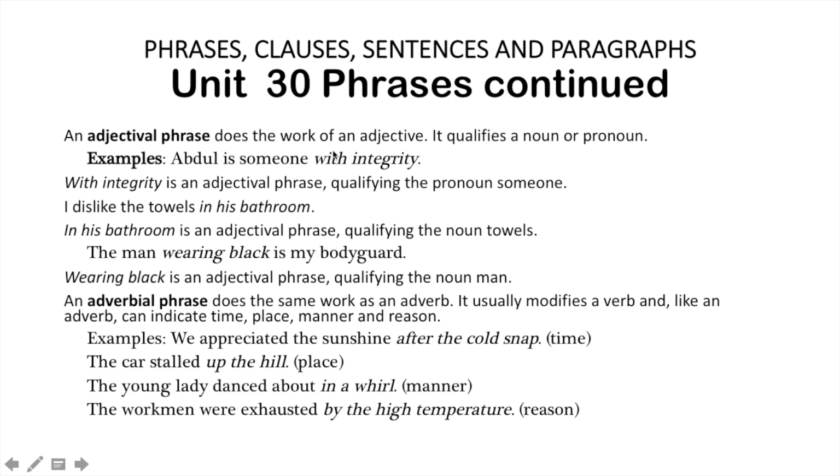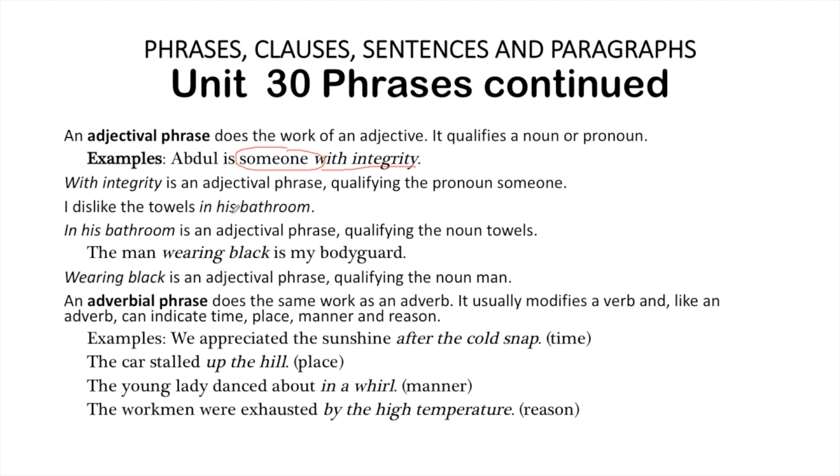An adjectival phrase does the work of an adjective. It qualifies a noun or a pronoun, so it's going to provide lots more description. Some examples here include: Abdul is someone with integrity. So with integrity is our adjectival phrase here. That's why it's in italics, and it's qualifying the pronoun someone.